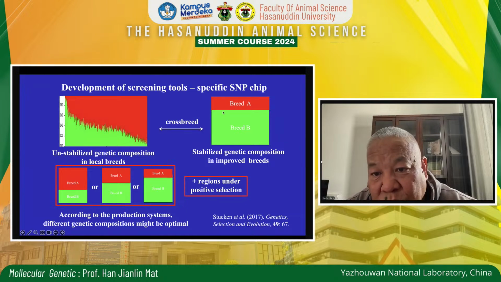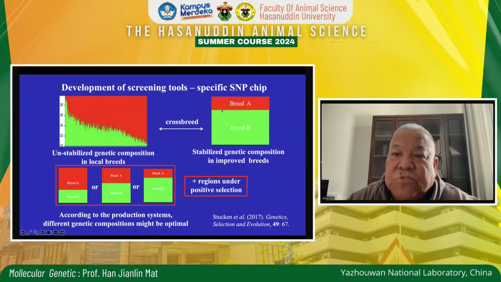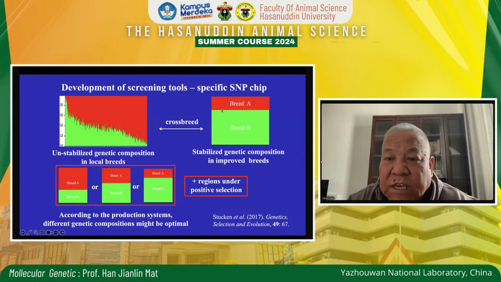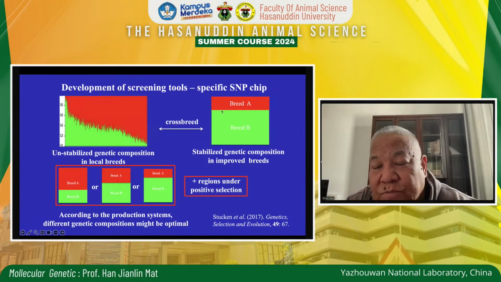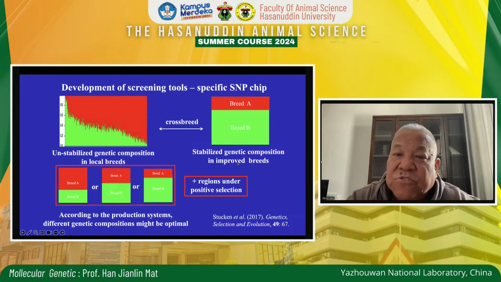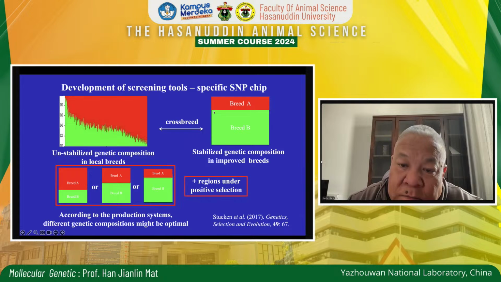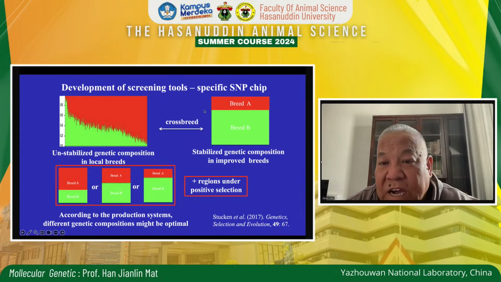That's where, using the genomic tools, we can give you an accurate estimation of an individual's genetic background so that you can quickly develop a population of animals that share the same genetic composition.